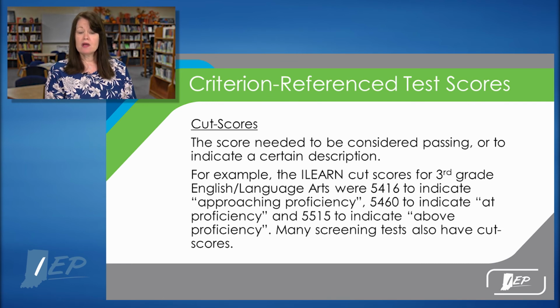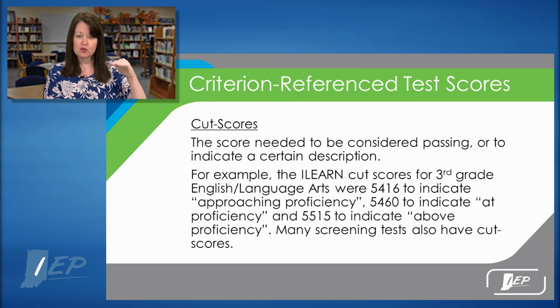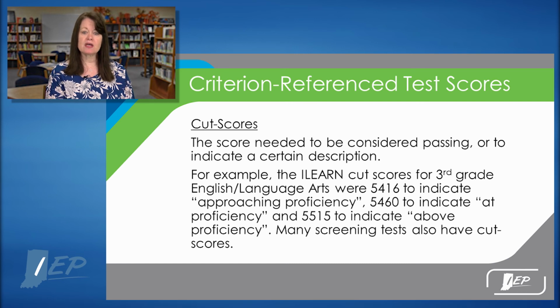So for example, last year's 3rd grade iLearn test, the cut score for 3rd grade in English Language Arts was 5416, and that was the cut point to say you now can be considered approaching proficiency. 5460 told us that you had hit the point of being called at proficiency, and then 5515 indicated that you were above proficiency.